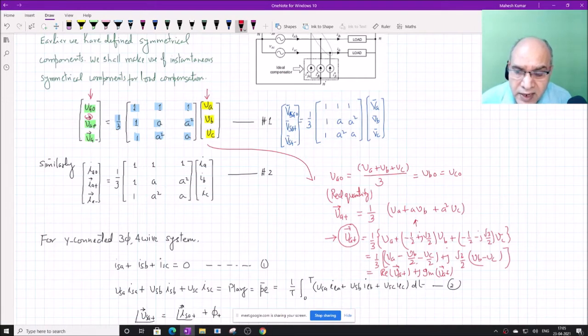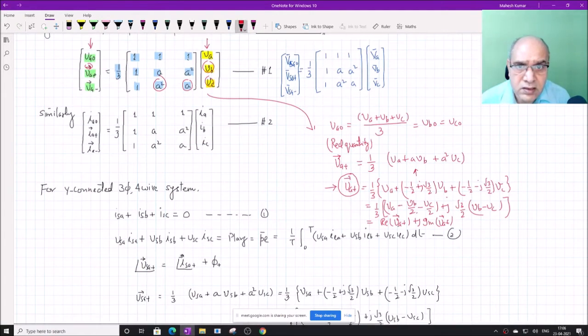And similarly VA minus arrow. VA minus arrow is nothing but 1 by 3, 1 into VA, and a square into VB plus a into VC. If you look at the term VA minus, then you can see that VA minus arrow is nothing but 1 by 3 VA plus a square into VB plus a into VC.